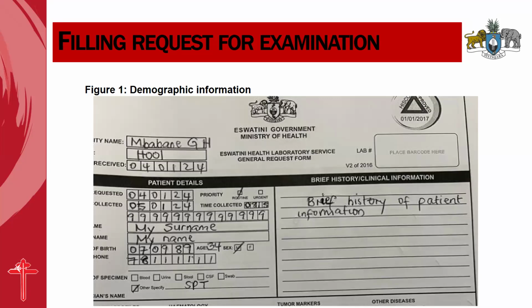So under other, that's where you specify sputum. Then the brief history of the patient. You have to include the clinical information. Like I've said, that will make life easier, to know that this one's GeneXpert was MTB not detected, but clinically this patient needs a culture.